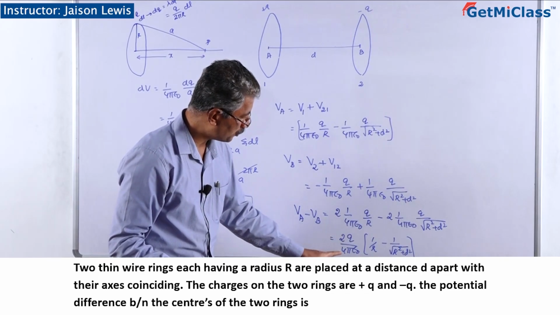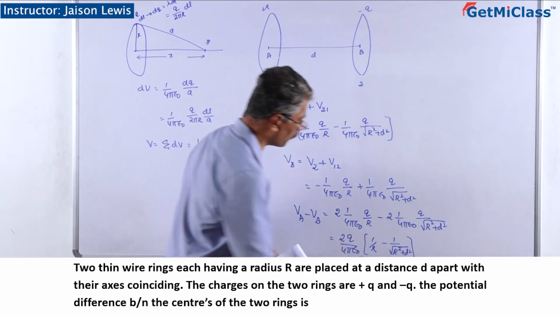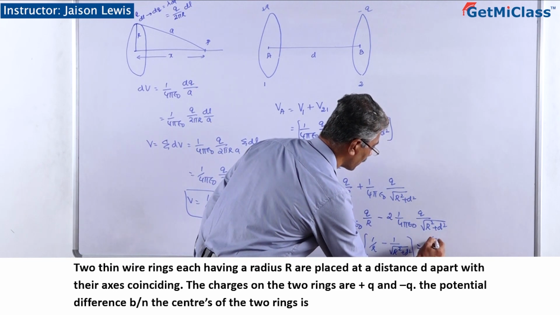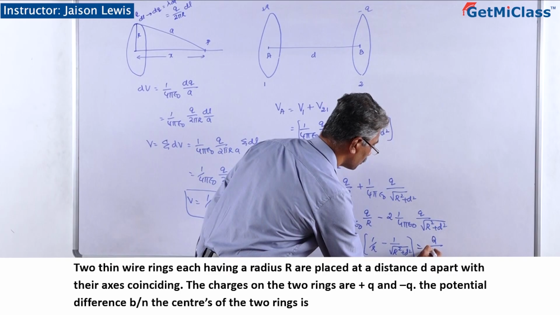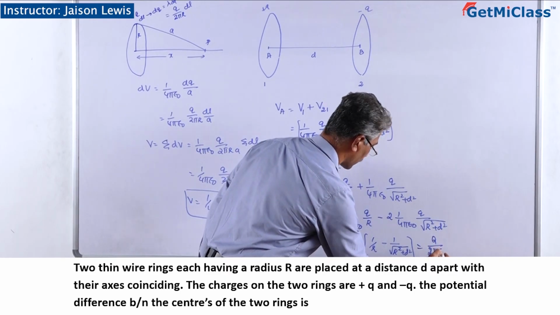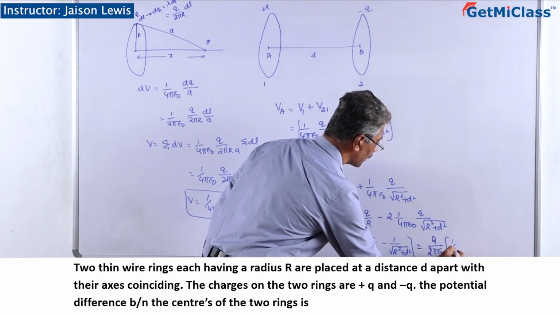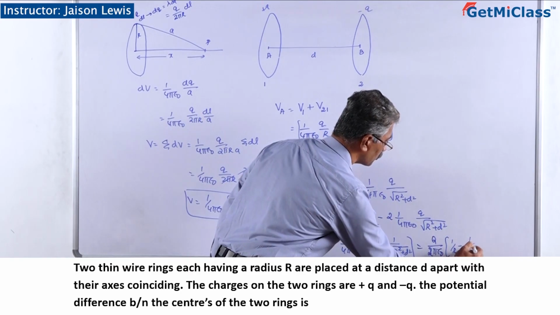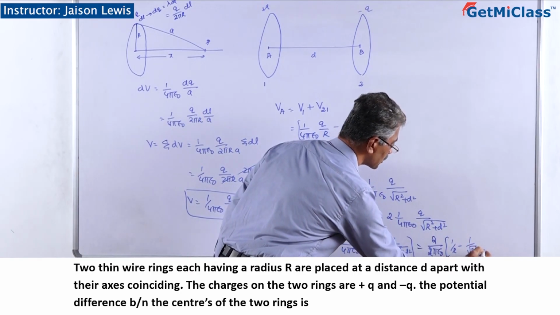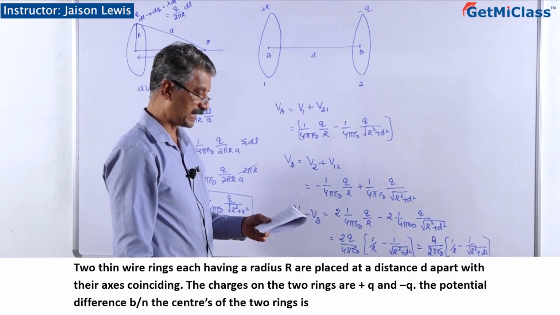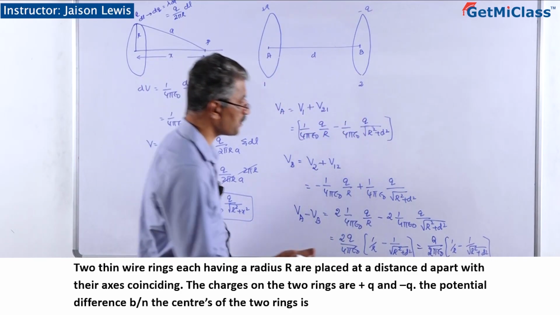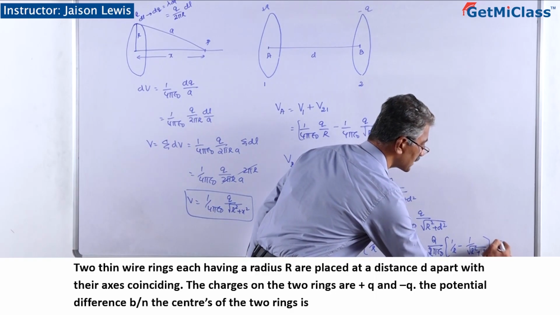It's 1 by 2 pi epsilon naught, q times 1 by r minus 1 by root of r square plus d square, and that is given as option B. Therefore, option B is right.